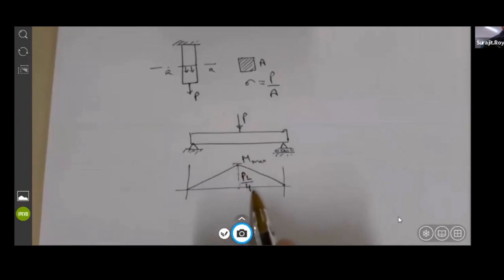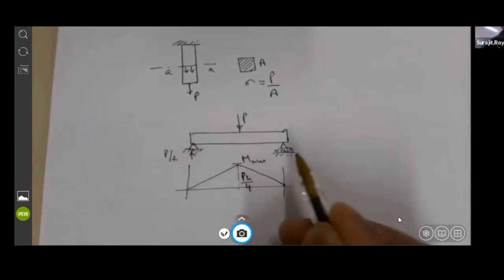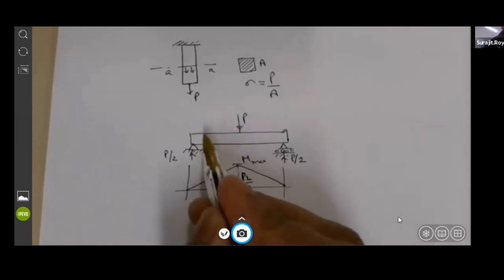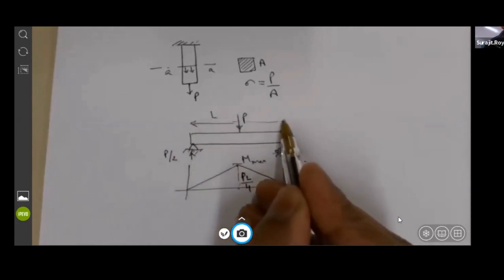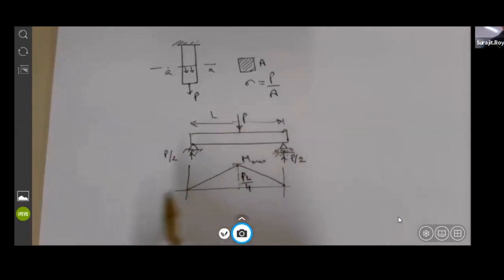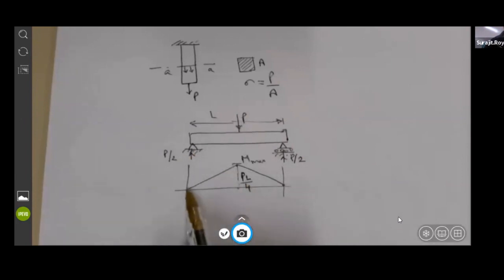And why is it P times L over 4? Because the reaction is P over 2 each side. And the maximum bending moment is, if the total length is L, then P over 2 times L over 2 is PL over 4. That will be your maximum bending moment at this point.